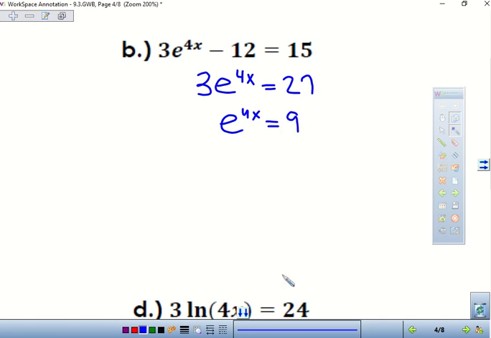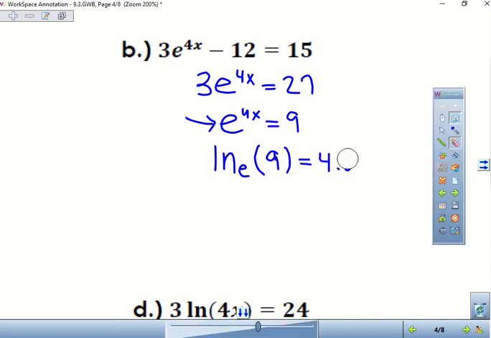Good. Now we have our variable in the exponent, so we're going to have to convert it to a log. But it's going to be the natural log because our base happens to be e. So we know we use the natural log when our base is e. So ln base e of 9 is equal to what? Good.